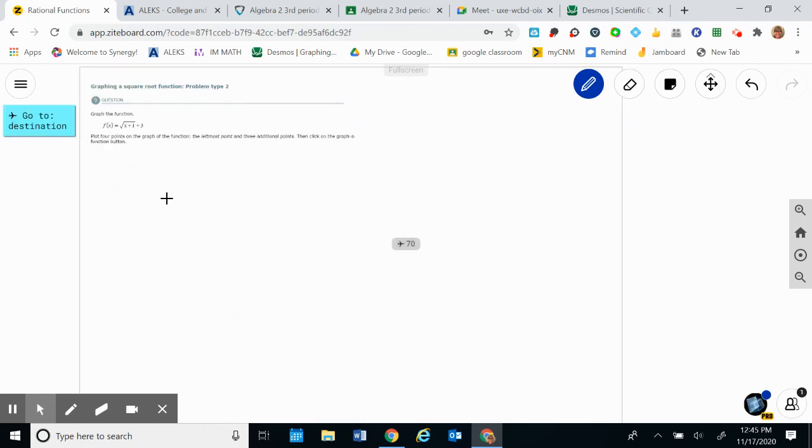Next. Okay, plot 4 points on the graph, the leftmost point and 3 additional. Okay, so here's the function we are graphing. F of x equals the square root of x plus 1 plus 3. All right, so what is the leftmost point going to be? It's going to be whatever makes this equal to 0. Remember?